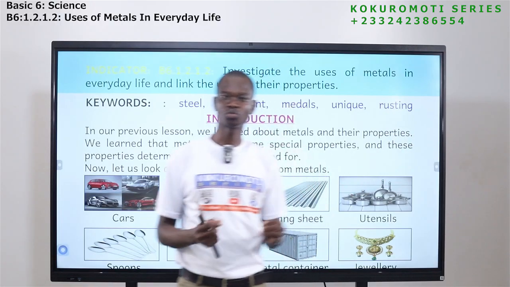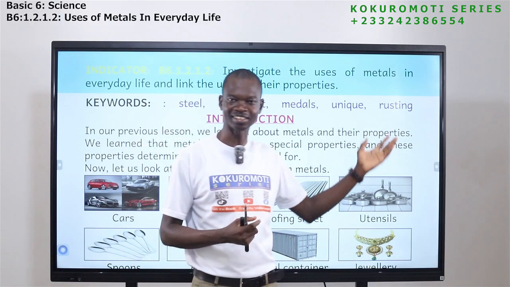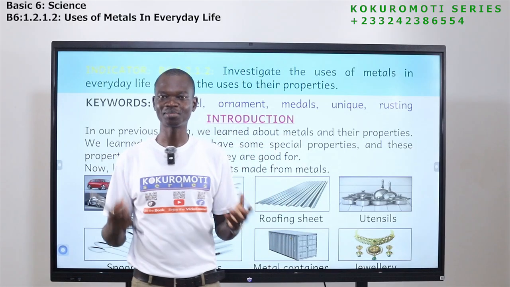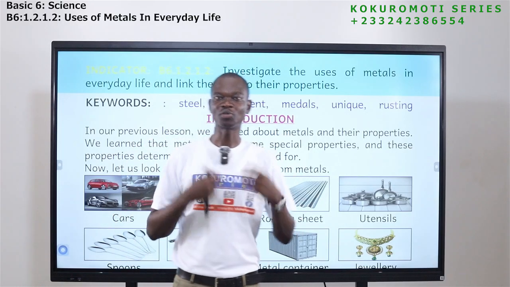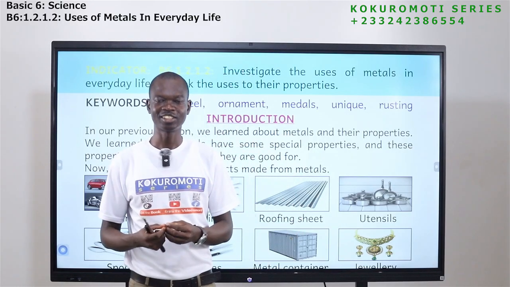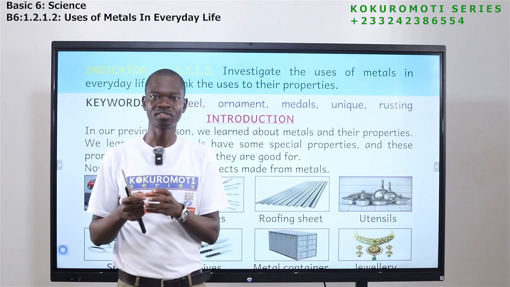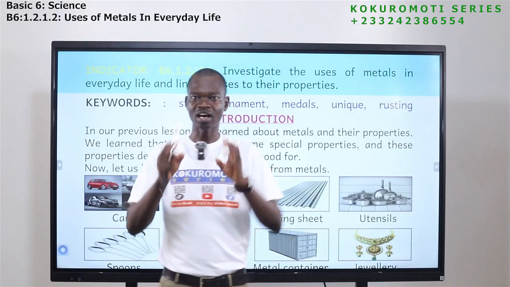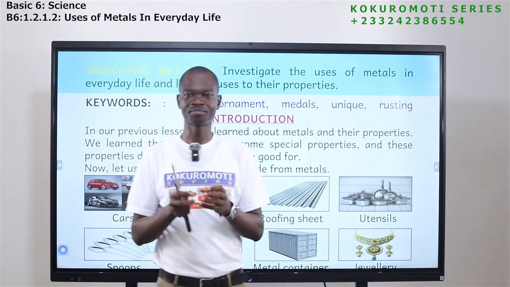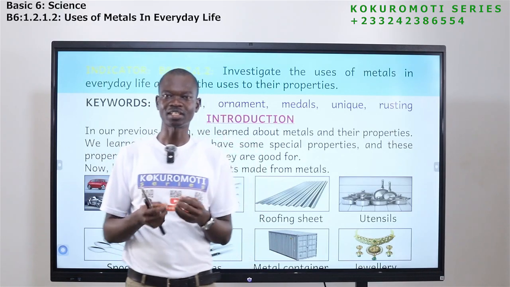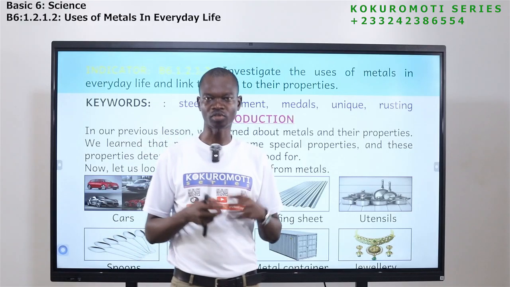Rusting. This word or this thing, rusting, it only takes place on metals. So metals rust. Sometimes you see reddish brown or something covering metals. It happens as a result of air and water.